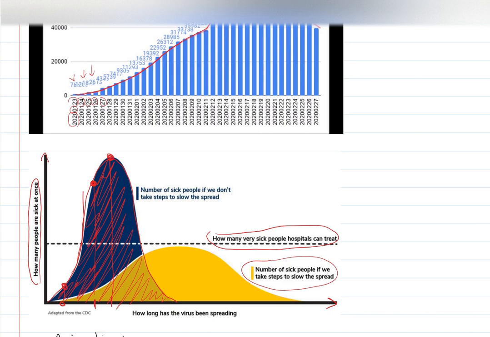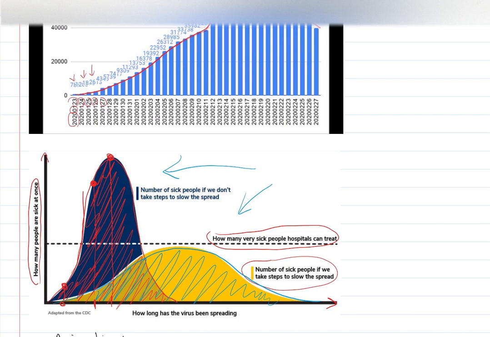And the same with the area in yellow. If we stay at home, you see the area is lower. The graph of the function is lower, not so steep anymore. The steepness is lower. So then the area will be smaller and the number of cases per day will be smaller. Maybe in total it even has the same amount of cases, which is not the case. Definitely fewer people will be sick if everyone stays at home and stops making other people sick.